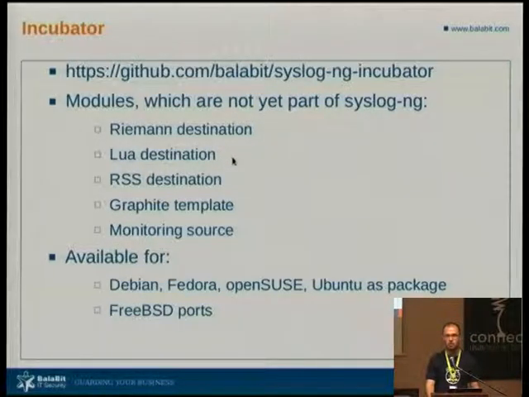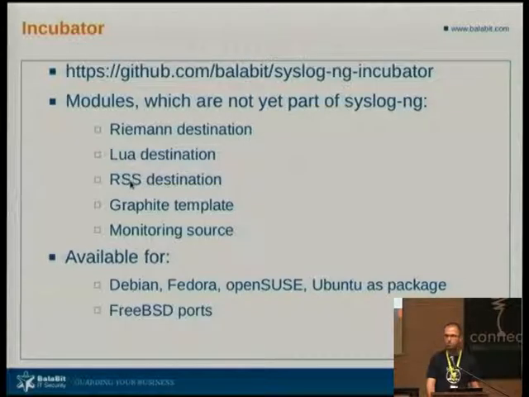For example, we already have an Elasticsearch destination written in Lua. Python and Perl destinations are under development. They are already in Git, but not yet in a release.